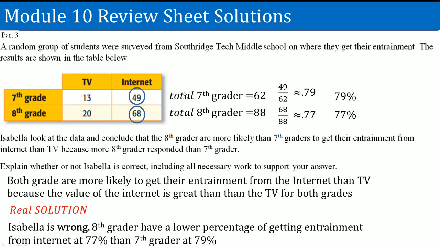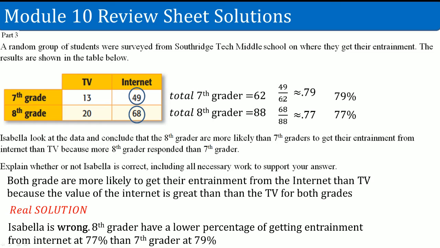So when you compare things, you want to look at a percentage. Here, we had to get the percentage by looking at the total, but you're not looking at the total of the school, you're looking at the total of the grade level. This one was of the 7th graders. This is 68 of the 8th graders.